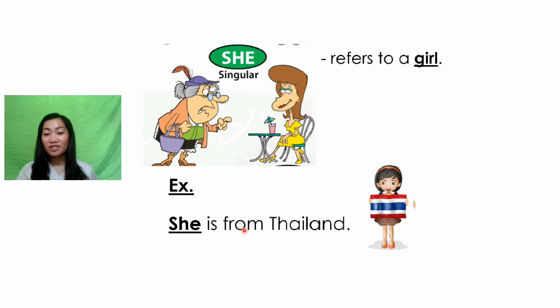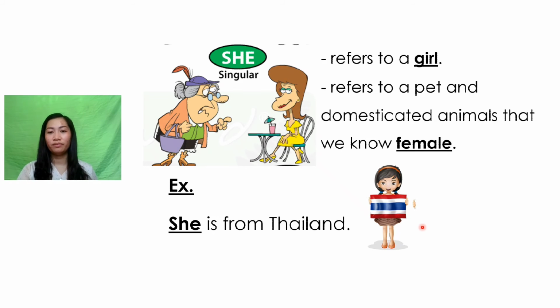Again, instead of using the name of a girl, we use the pronoun she. And we can also use she if we are referring to a pet or domestic animal that we know is female.